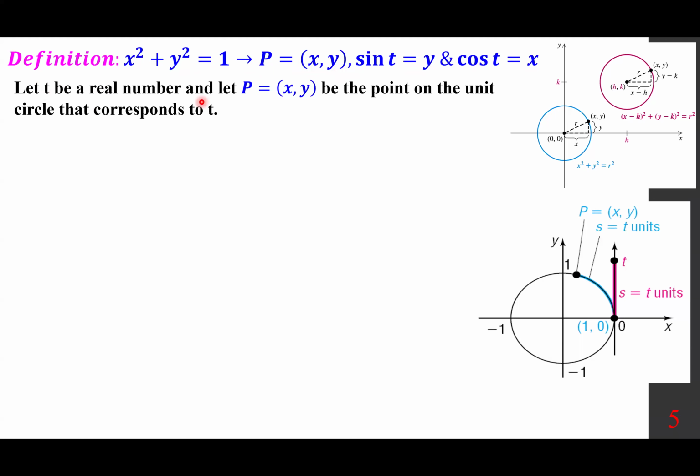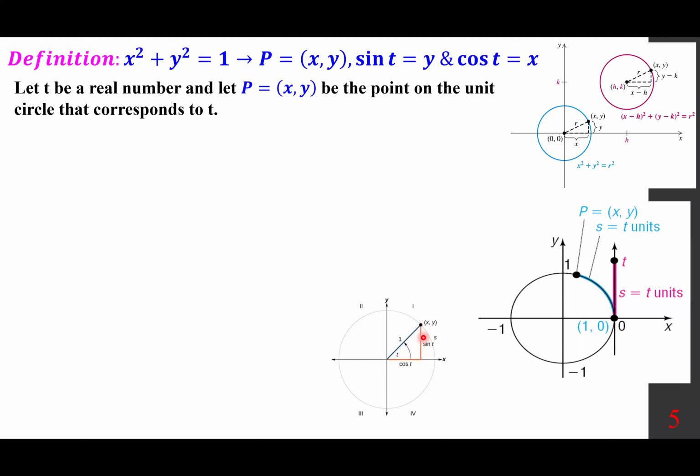Let t be a real number and let P with coordinates x comma y be the point on a unit circle that corresponds to t. Look at what happens here. This point has coordinates x comma y. This point has coordinate x, which is equal to cosine t, and coordinate y, which is equal to sine t.